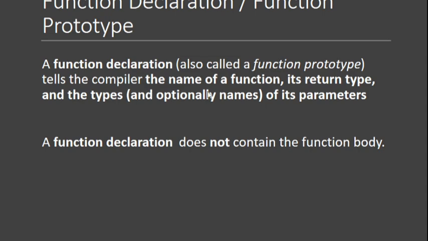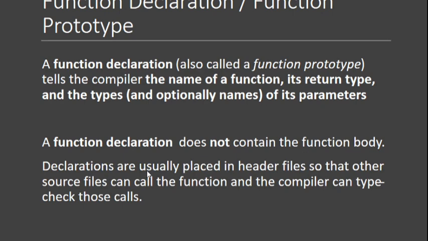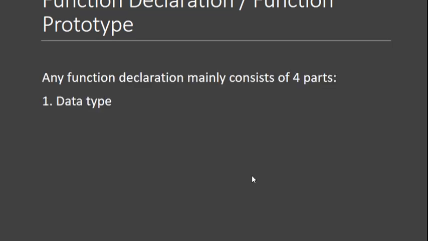It tells the compiler the name of the function, its return type, and the types of the parameters. A function declaration does not contain the function body. Declarations are usually placed in header files so that other files can call the function and the compiler can check those functions. All these things I'll discuss in detail, one by one.